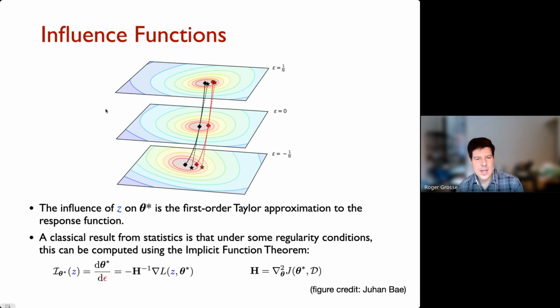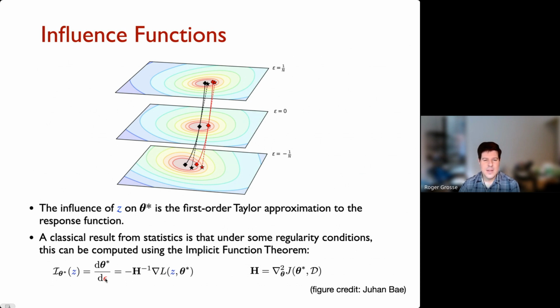And so the classical result from statistics is that under certain assumptions, this derivative can be computed using the implicit function theorem. The formula this gives you at the end of the day, we're interested in the total derivative of the optimal parameters with respect to epsilon.